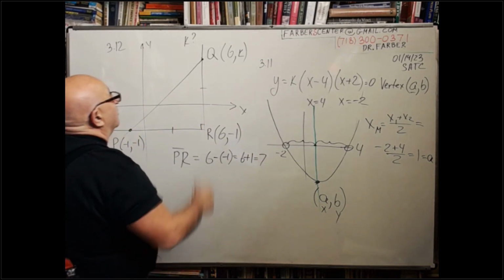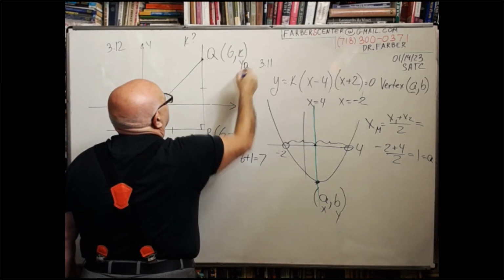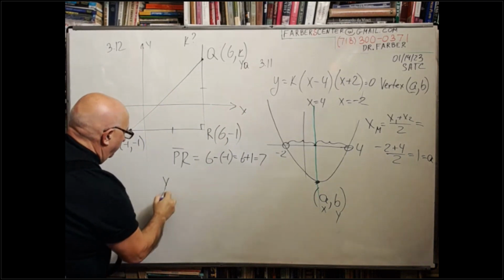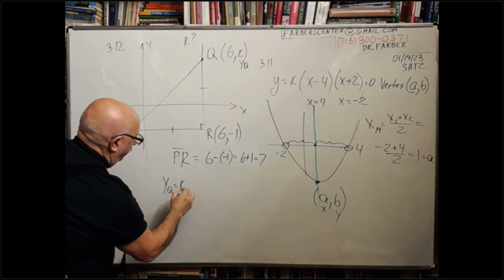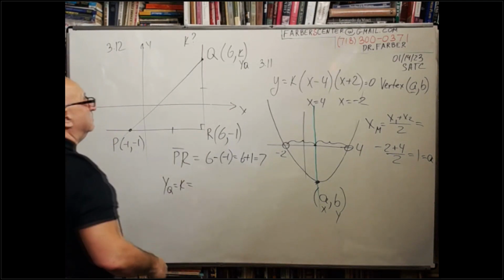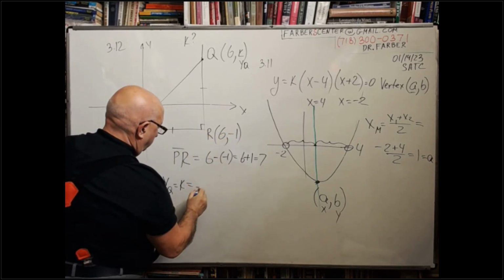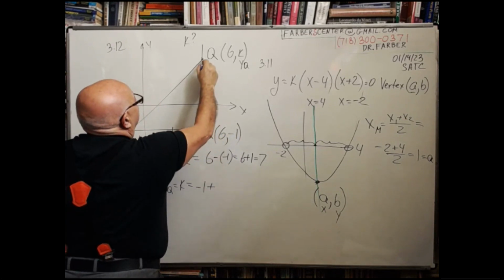Now, what is K? K is Y coordinate, is Y of point Q. Y of point Q, or K, equals initial point is -1. They ask you, right? This is -1 plus length.